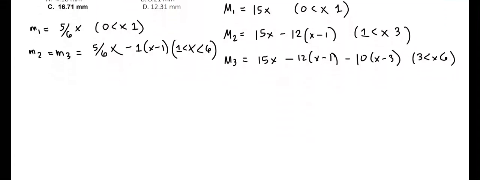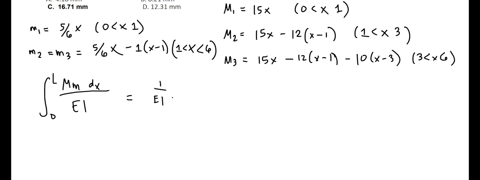For the next step, we will use the formula for the virtual work on beams, that is the integral of the product of the moment equations dx divided by the flexural rigidity over the entire length of the span. So since the flexural rigidity can be factored out, this can be simplified into this formula.